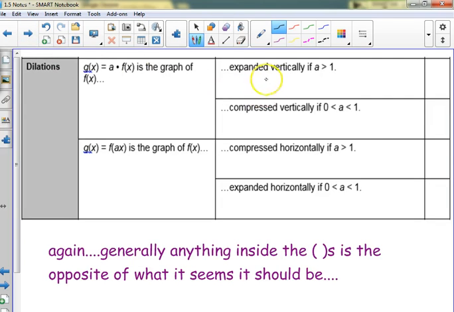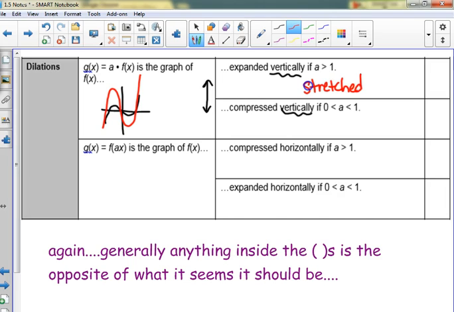All right, so let's write this in. It is expanded vertically, which is up and down, right? So it's not going to change the x-intercepts, but a 2 will make it go twice as tall. So it is stretched up and down, which changes y values.